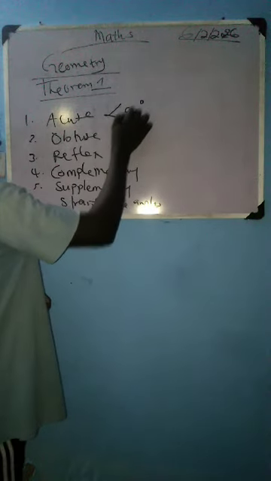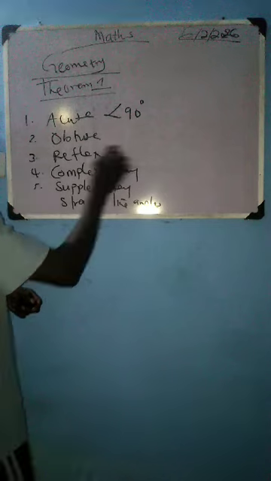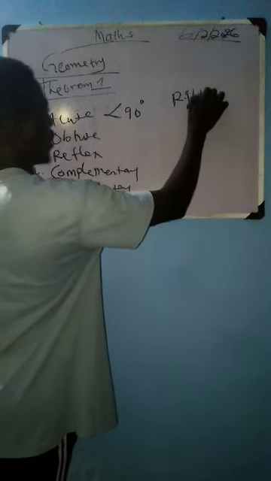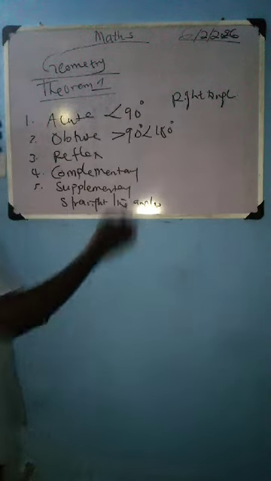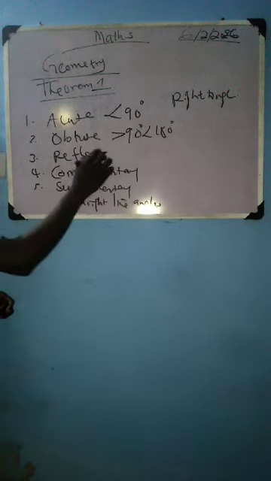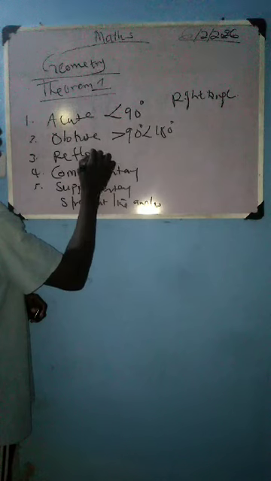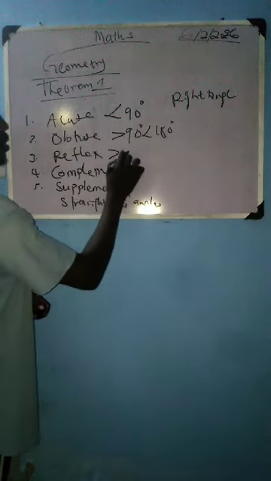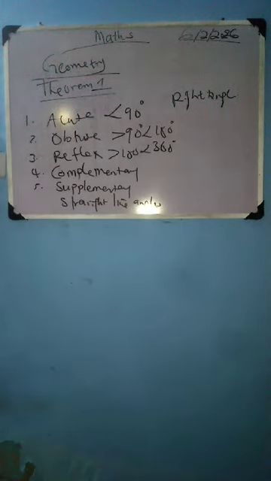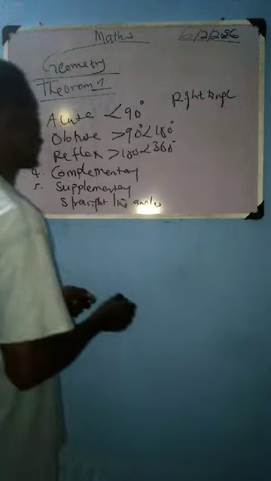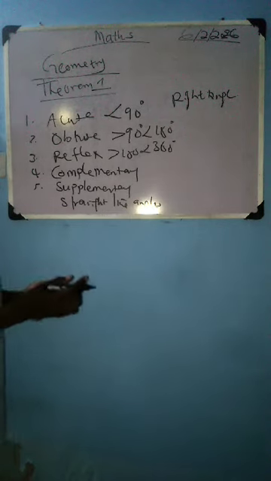Acute angles are less than 90 degrees. There's also a right angle. Obtuse angles are greater than 90 but less than 180 degrees. Reflex angles are greater than 180 but less than 360 degrees. Complementary angles are angles whose sum, when you add them, will equal 90.